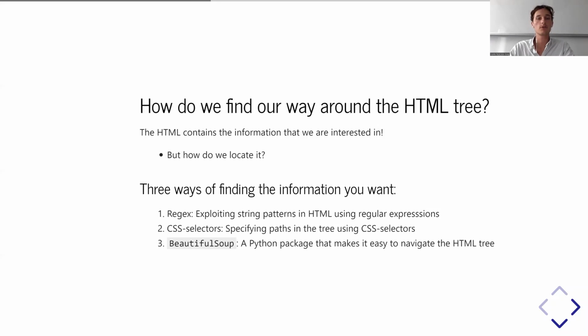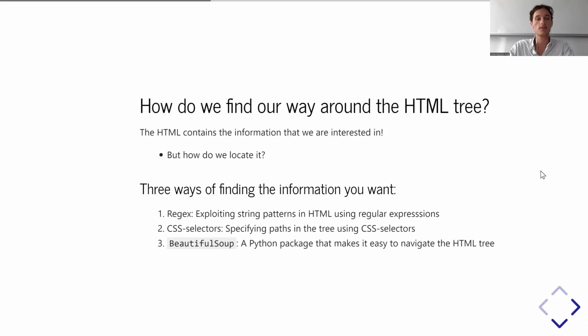I will introduce 3 ways of locating this information. The first one is regex, and in regex we exploit string patterns in the HTML using regular expressions. Regex is just short for regular expressions. I will talk a little bit more about that in a minute.